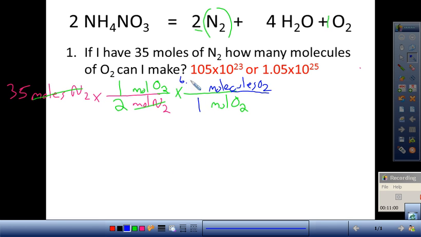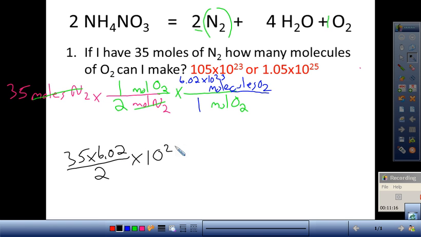And molecules is always 6.02 times 10 to the 23rd. Alright, so to summarize, I have 35 times 6.02 divided by 2. I'll put that in my calculator and tack on my 10 to the 23rd. So I get 105 times 10 to the 23rd.